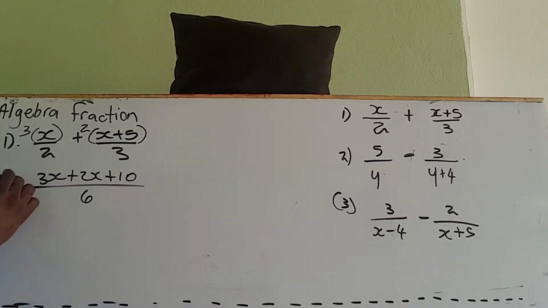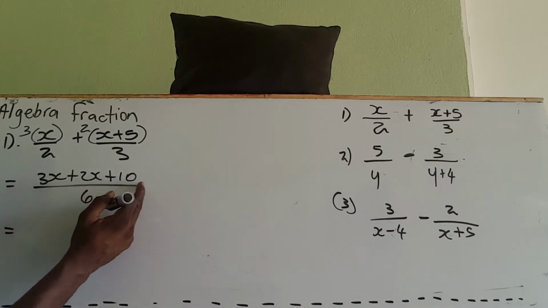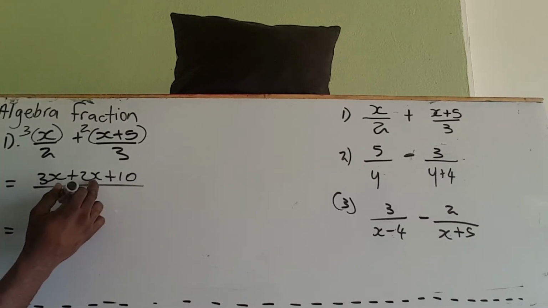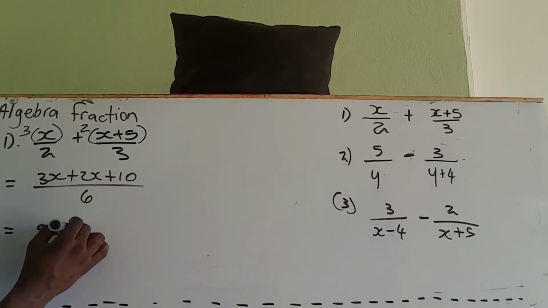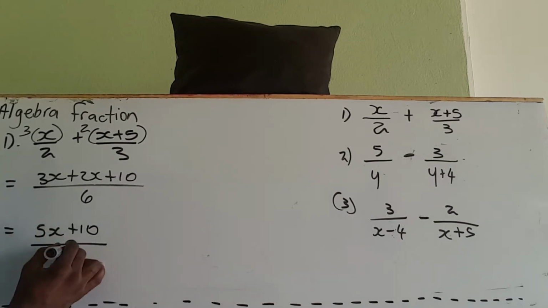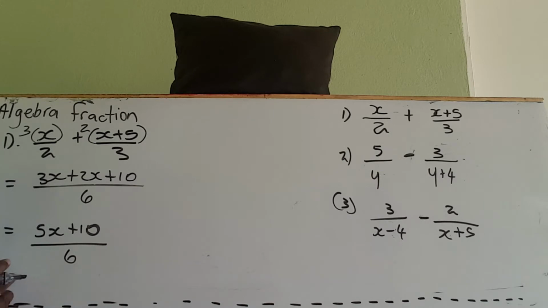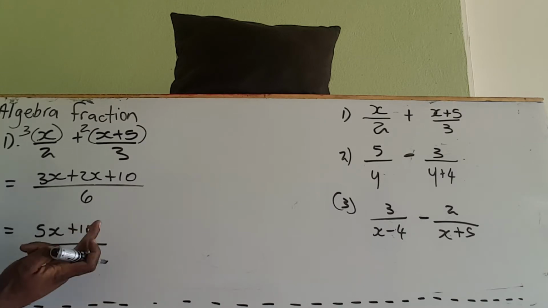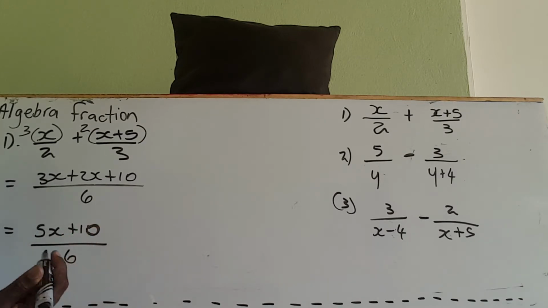And at this stage, we see where we could simplify: 3x plus 2x, that's 5x, plus 10 all over 6. Alright, so now you see where we move from a state of 2 fractions, and now we have 1 fraction, 5x plus 10 over 6.